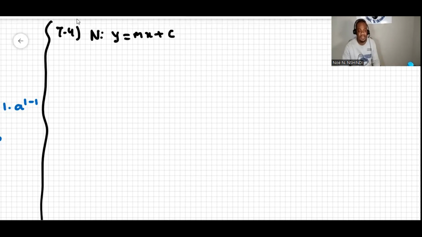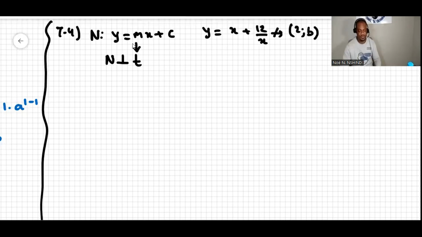Okay, and then we also have the curve here, y equal to x plus 12 over x. Now, this curve passes through the point A, which is the point (2, b). Now, they say that the line n here is perpendicular to the tangent of the curve. Okay, so how can we do this?